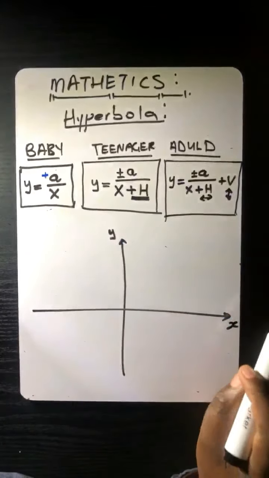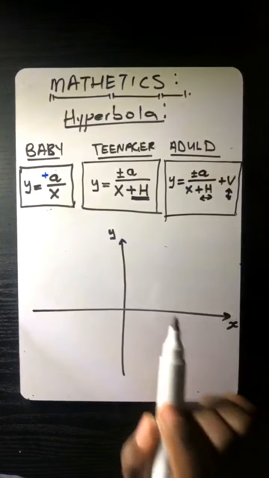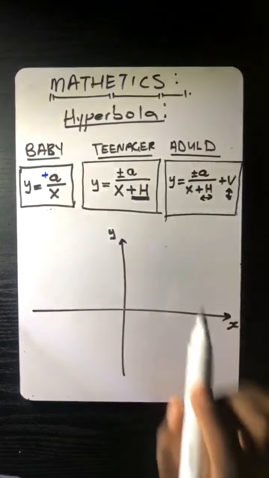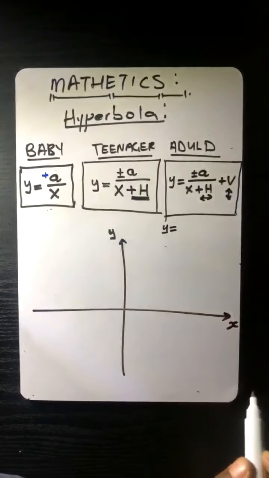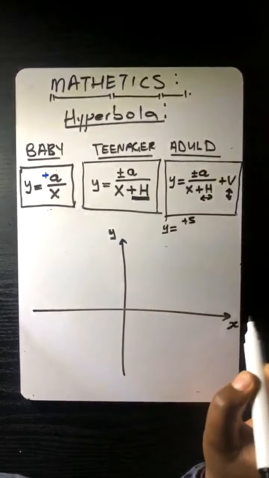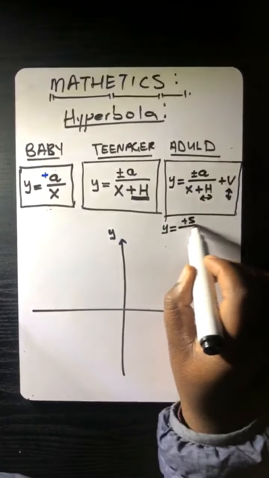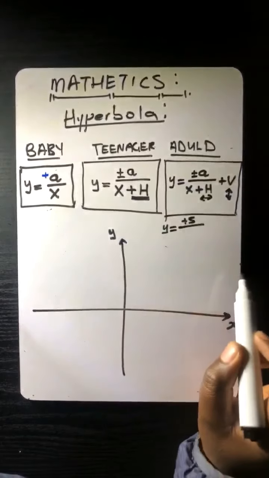100%. So you tell me, Shreyas, let's see. If I want my function to be in the first and the third quadrant, what will the a value be? Positive 5. 100%. So okay, you choose positive 5. So remember, that number could be any number.